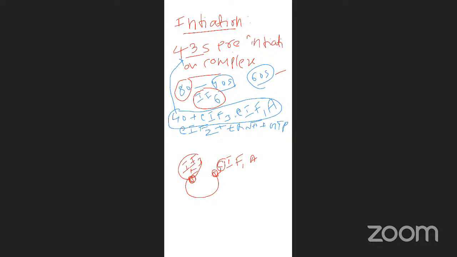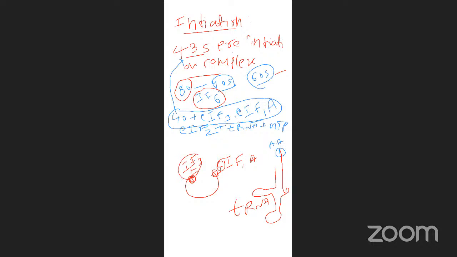The tRNA, the first amino acid tRNA. I already told you how the activated amino acid tRNA complex is formed. The amino acid, for example, 1, is generally methionine.